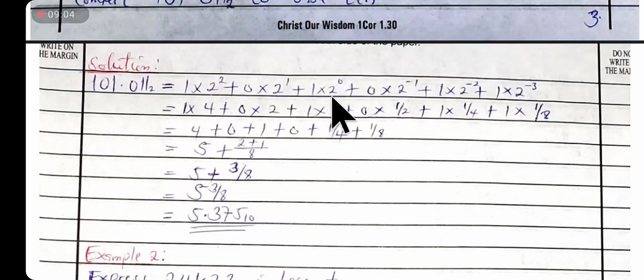Then the next one is 0, but let's forget about this point, I'll tell you what to do with it. So 0 times 2, then the next one is 1 times the base 2, then the last one, 1 times 2 again. Okay, this is what we have here.